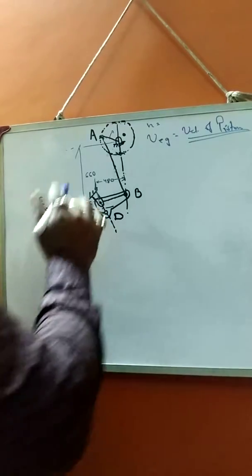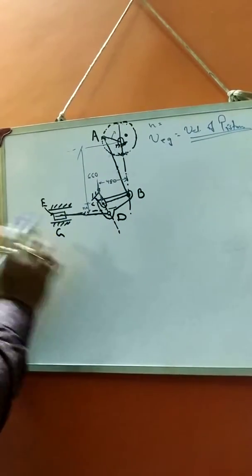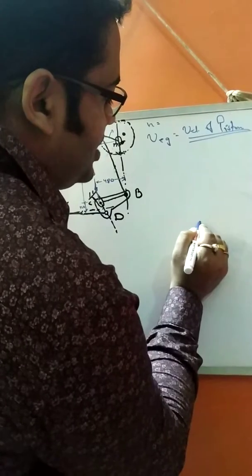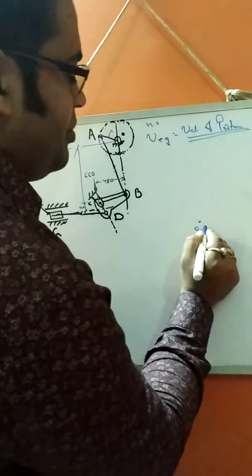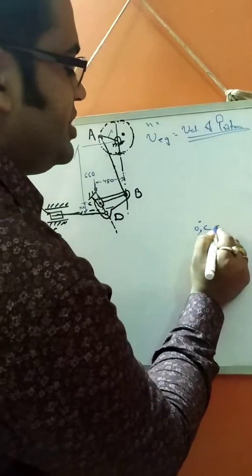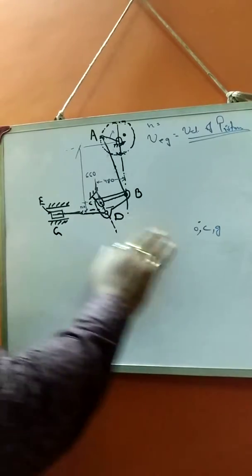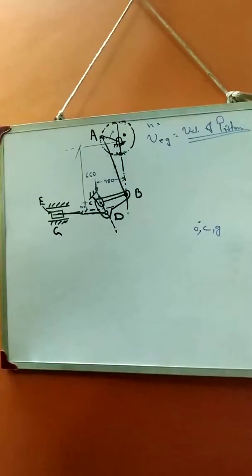From this figure we can see the fixed points are O, C and G. Now we take a point which will represent O, which will represent C, and which will represent G. As we discussed in our previous lecture, these points represent all the fixed points.